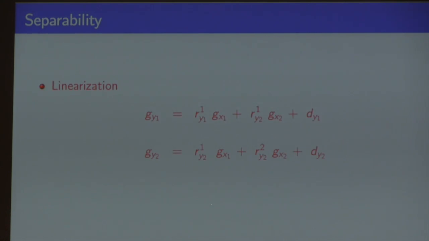Okay, and so this is the linearization that I was talking about. What we observe is the density of the endogenous variables, y1 and y2, price and quantity, conditional on x, income and wages.